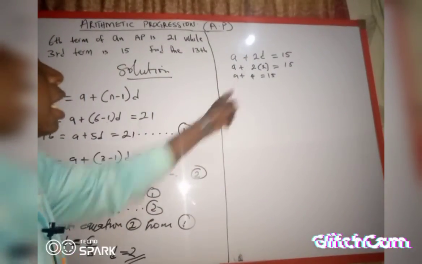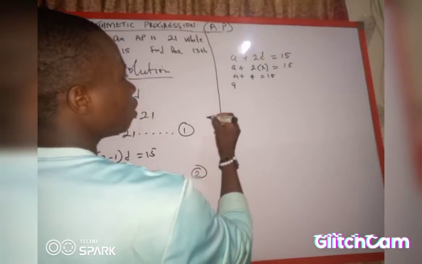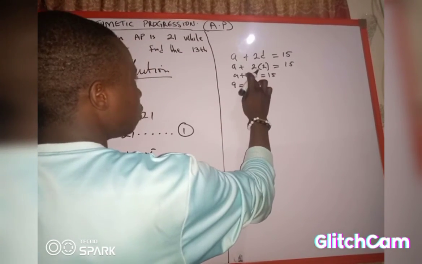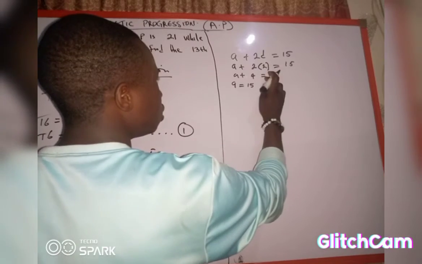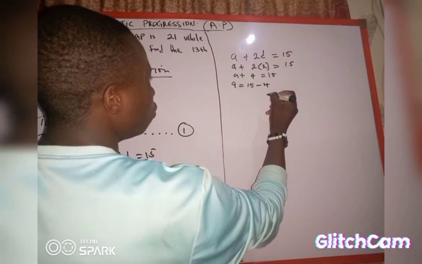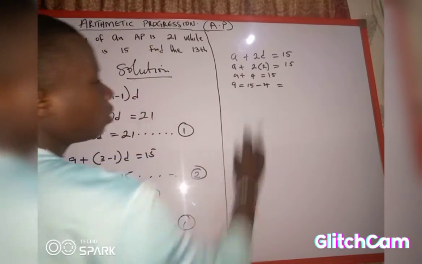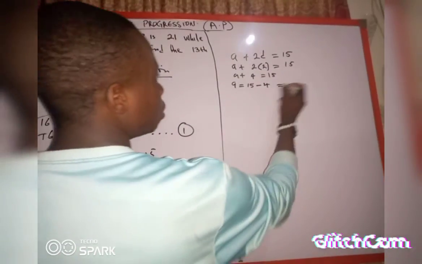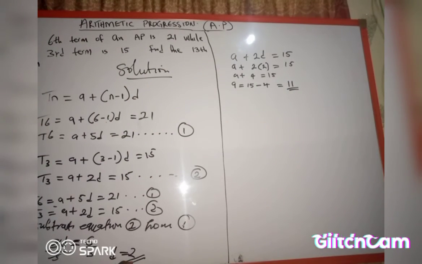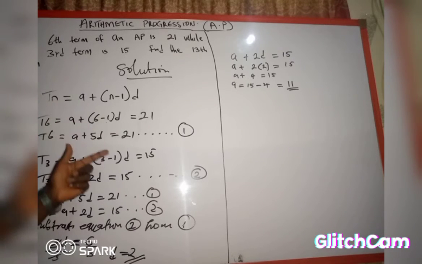So to get my A now, I will make A the subject of the formula, which will be equal to 15. Then this positive 4 is going to cross the equality sign to meet 15, and it will change to negative 4, which is 15 minus 4, equals 11. So my A is 11, my d is 2. So we have successfully found the values of these two variables A and d.